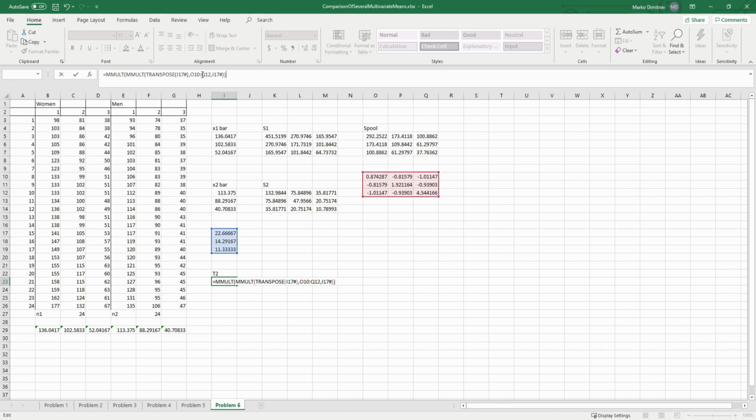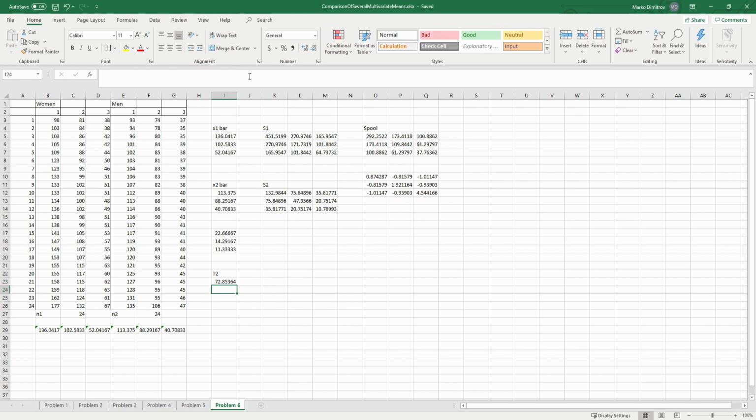Okay, so transposed. I added too many brackets in wrong places. So we get this value for our test statistic.